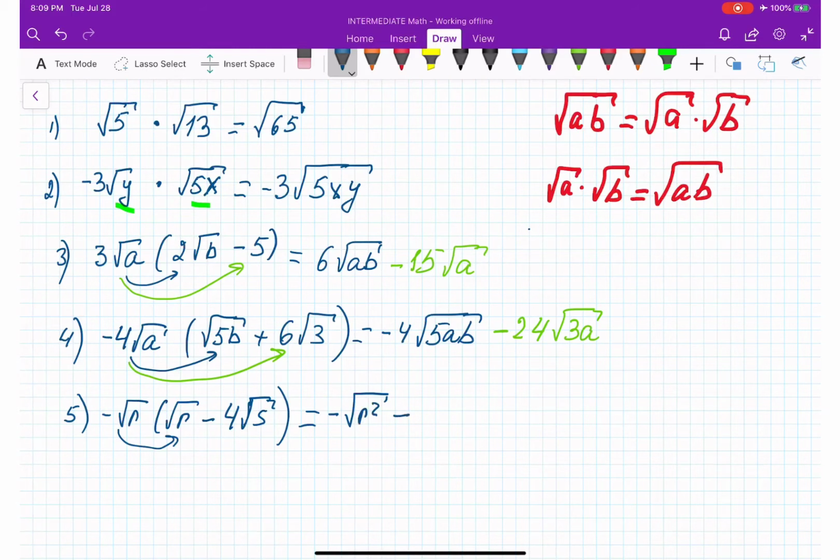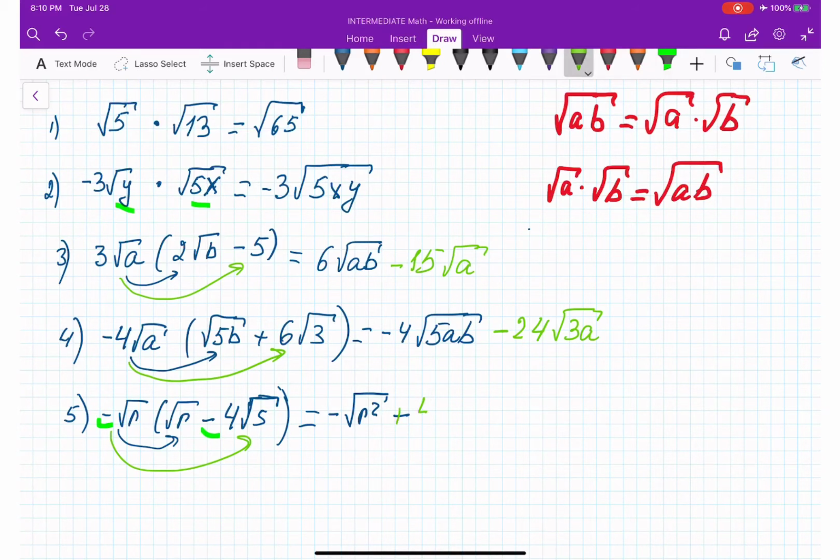And minus negative square root r times negative 4 square root of s. It's going to be minus, negative times negative, so this negative times this negative is going to be positive, right?